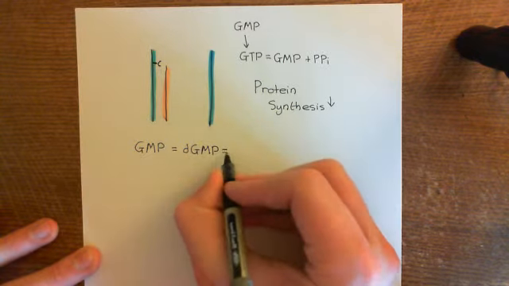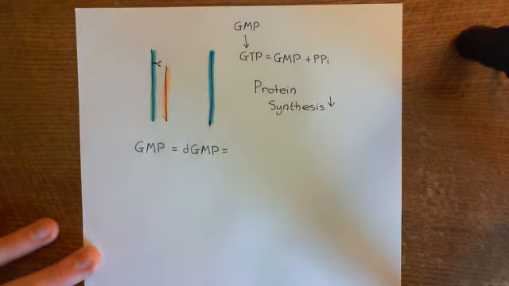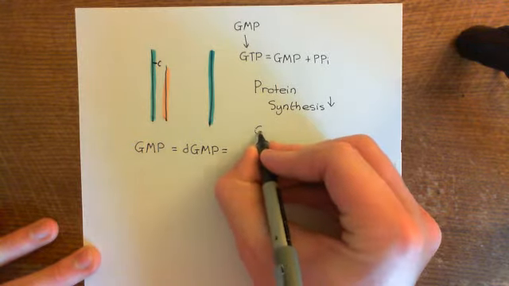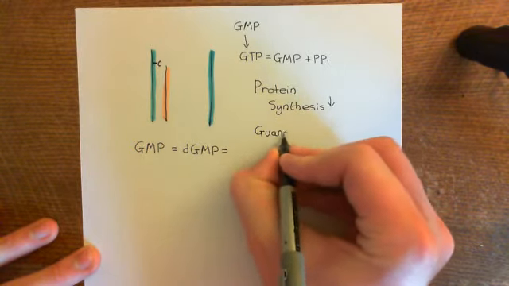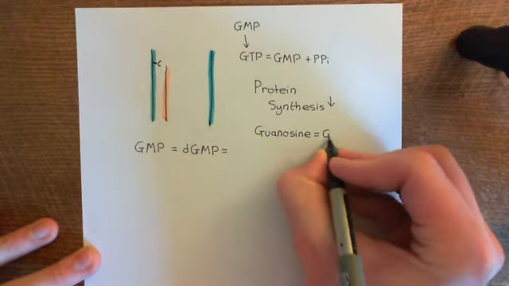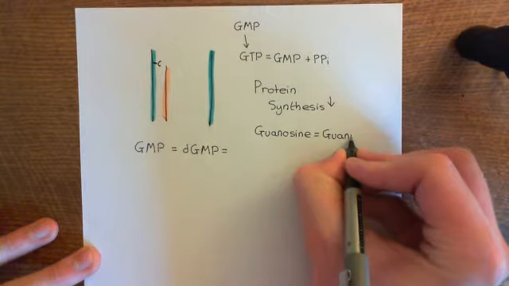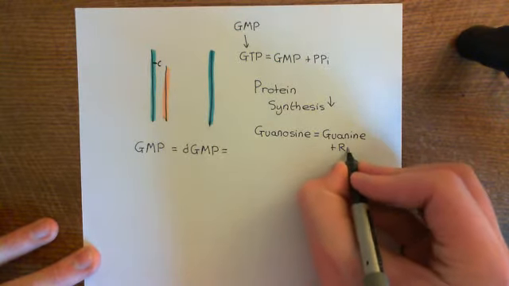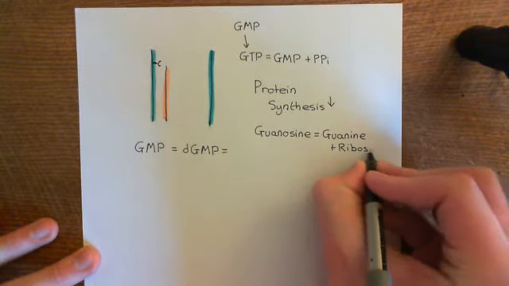That denotes the deoxyribose that you have. Guanosine means guanine plus ribose. It does not mean guanine plus deoxyribose. Instead, deoxyguanosine means guanine plus deoxyribose.